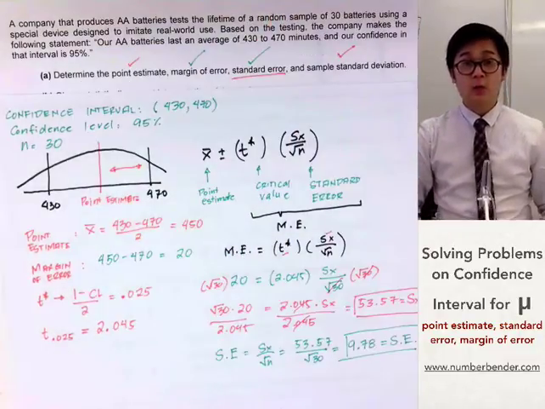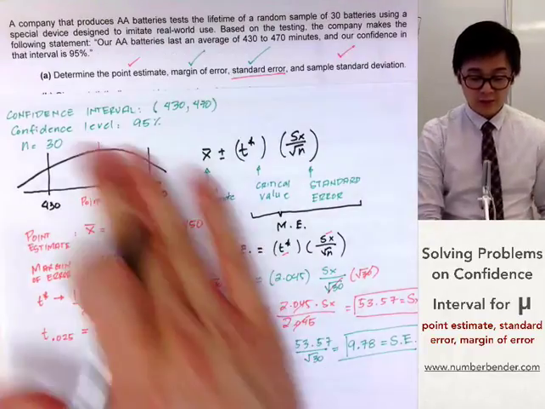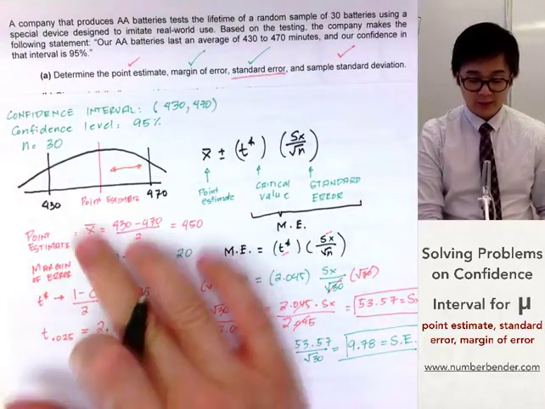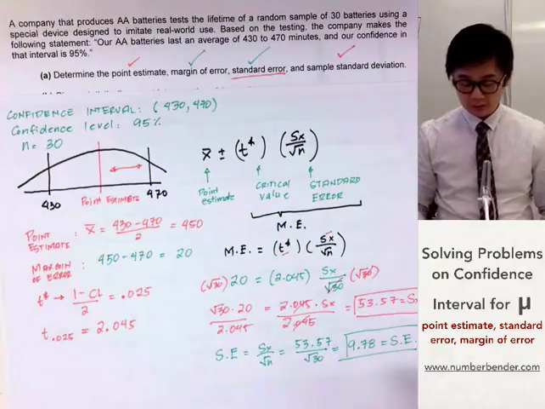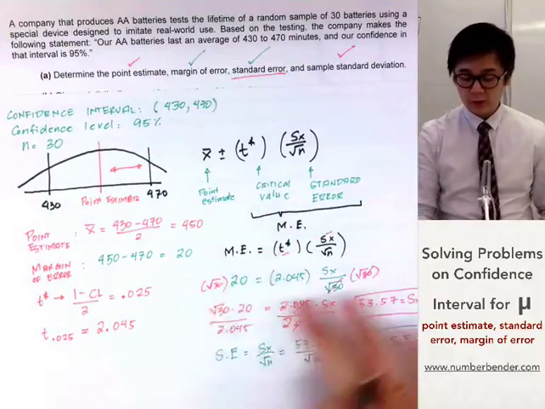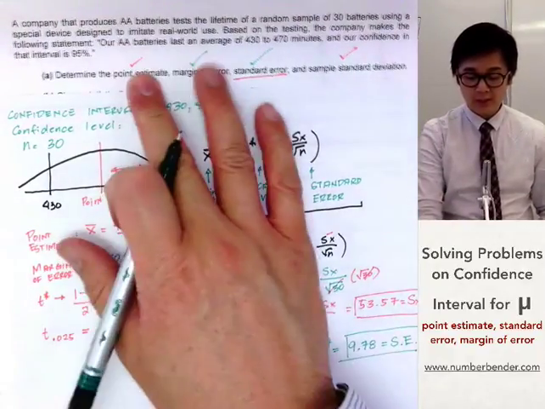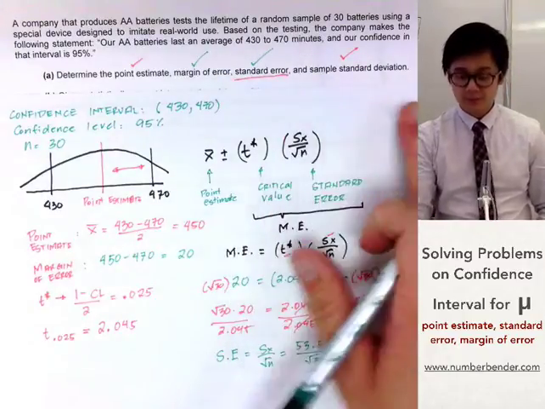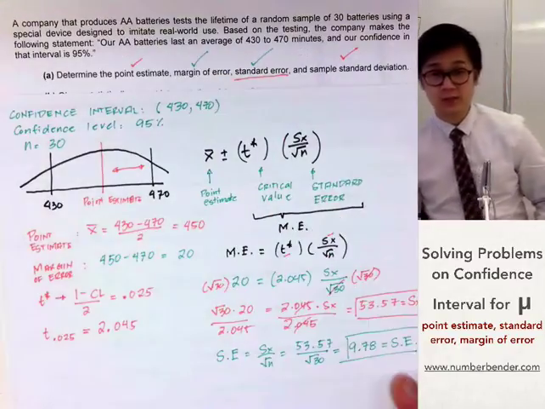So this is how we work backwards given the confidence interval and the confidence level, working towards finding the point estimate, margin of error, standard error, and standard deviation of the sample.